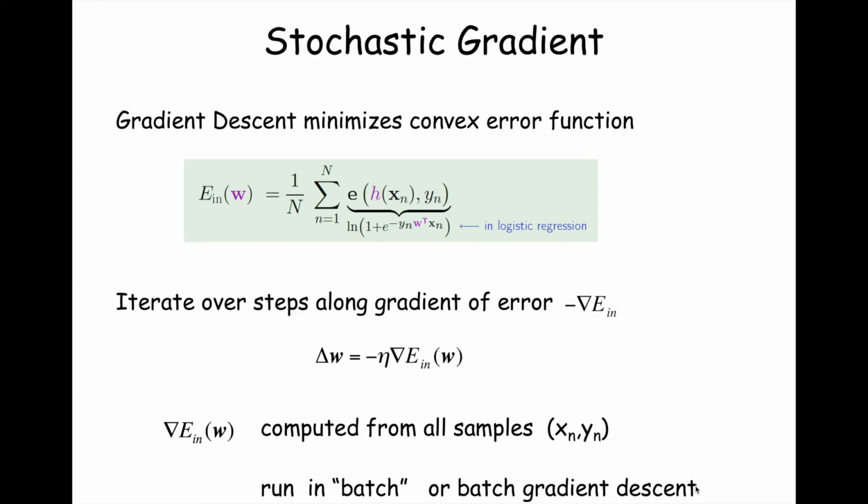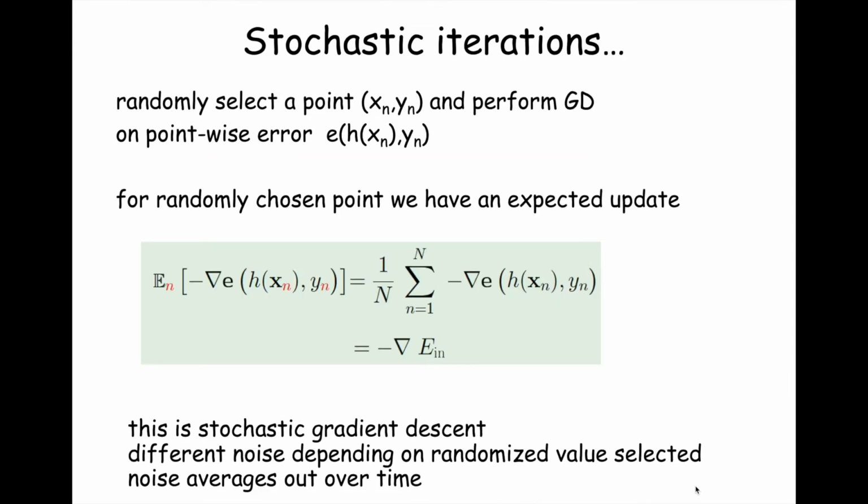You can do it on a single point stochastically, and when you do that, you get so-called stochastic gradient descent. And so with stochastic gradient descent, what you're doing is instead of calculating the gradient of En over all the in-sample points, as we saw with the algorithm for logistic regression, you're calculating that gradient with respect to each point-wise error, i.e. the error on one single data point from your in-sample points at a time, and updating the weight vector relative to point-wise error.